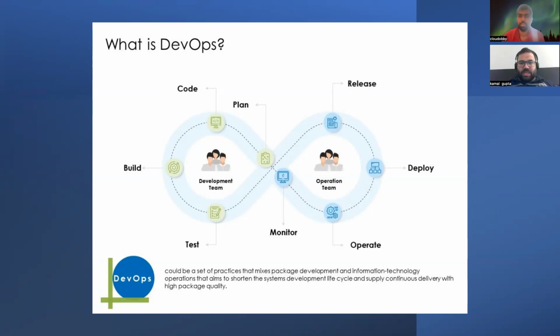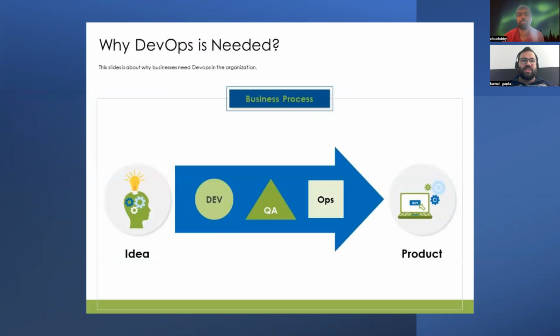So I hope you understand what DevOps is, and let's move on to the next page: why DevOps is needed. As we have seen in our previous slide, DevOps integrates all the teams together to ensure we deliver the best product to the end user.